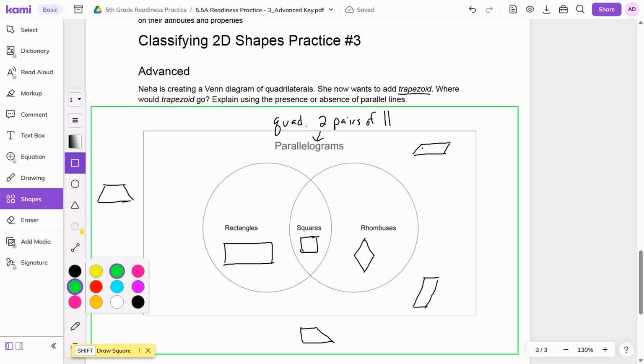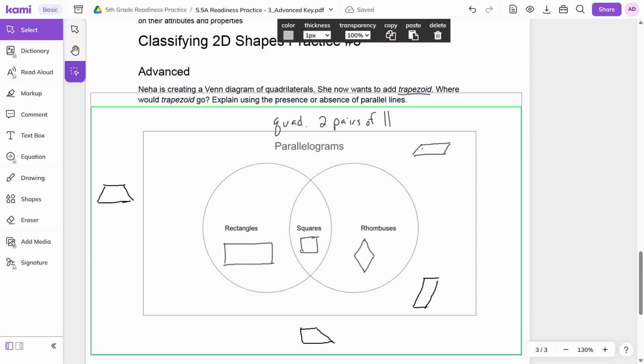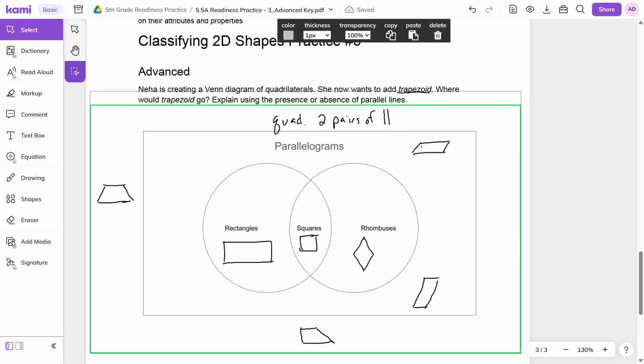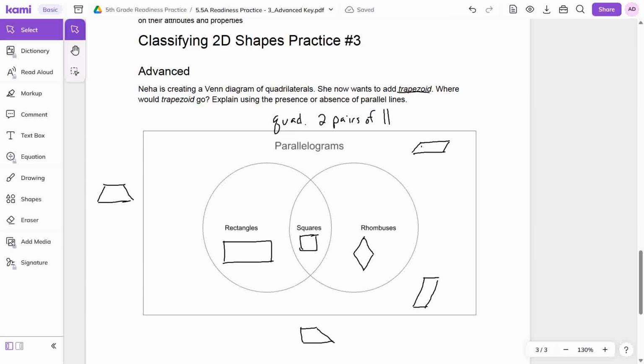Let's draw a much bigger box outside. I'm going to take my definition here and move it inside so I can do the bigger box here.